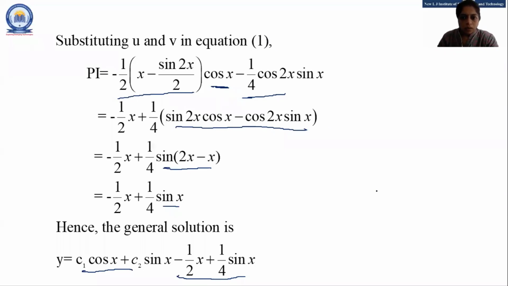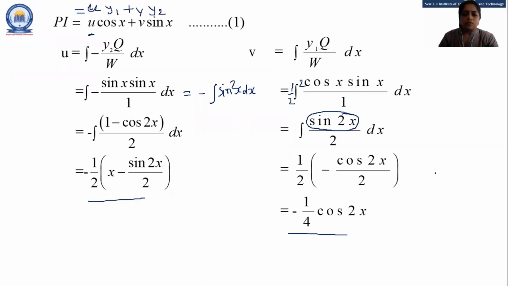One more student asks about after putting the value of U and V in equation 1, and the second step, multiplying cos x inside the bracket. See, after putting, this is the value of U, this is the value of V, you have to substitute both values in this equation, this one equation in the form of PI, right?